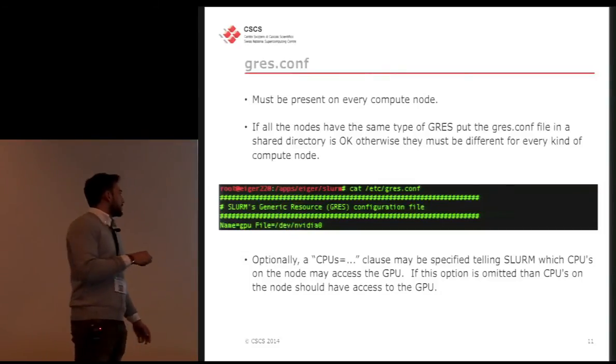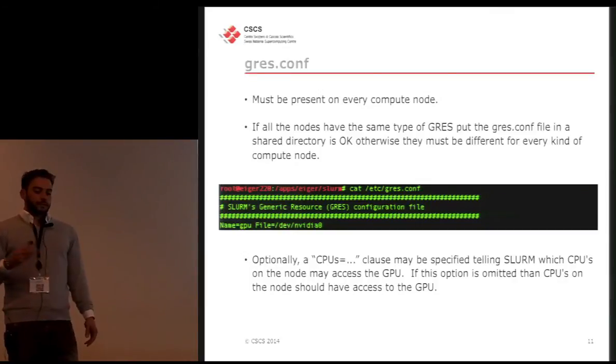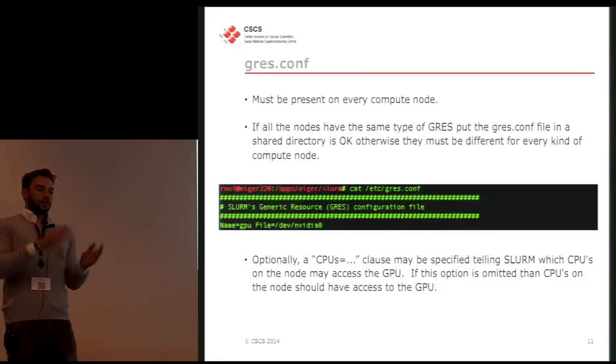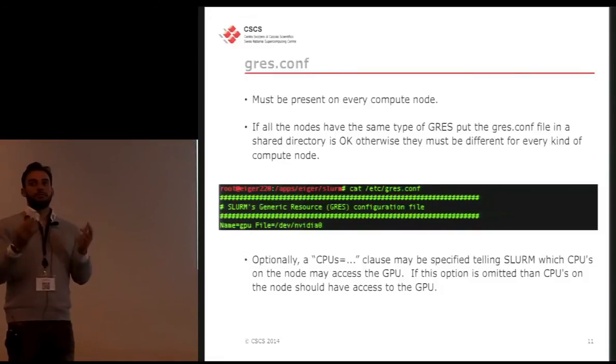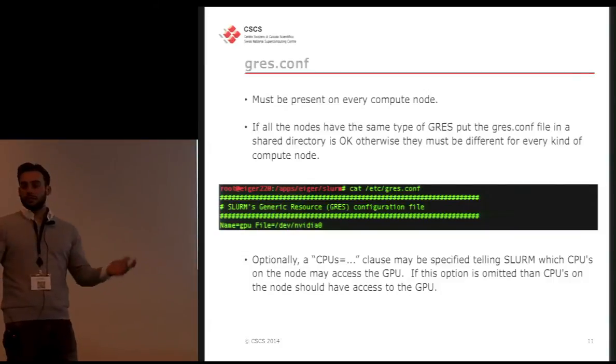And optionally, there is another parameter called CPUs. This is if you want to tie some CPUs to the GPU, but not all the CPUs. In this case, the default is all the CPUs can use the GPU.